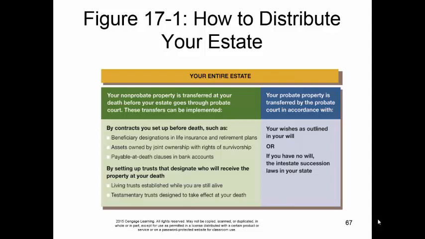You can also put your spouse or your child on your bank account as a signatory, and make sure you've designated them with rights of survivorship, and they will receive these assets. And the second part here is setting up trusts that designate who will receive the property. Again, this is for the very wealthy.